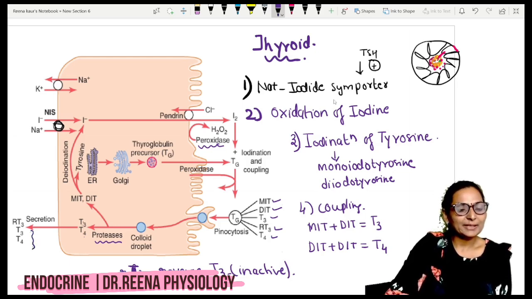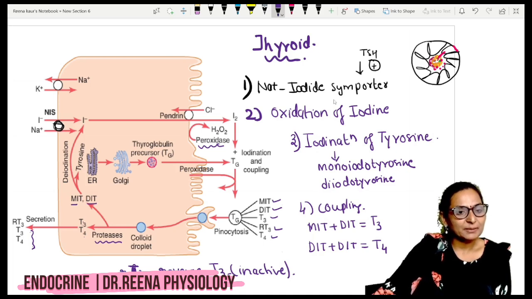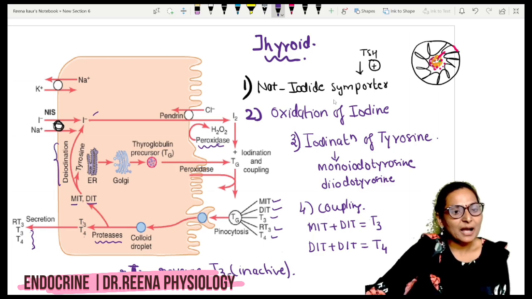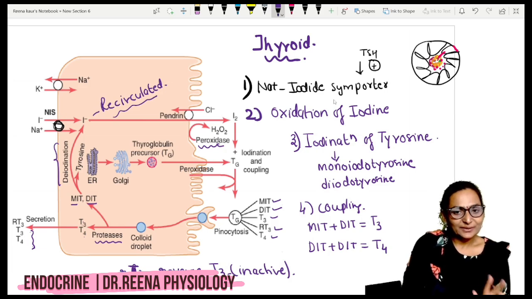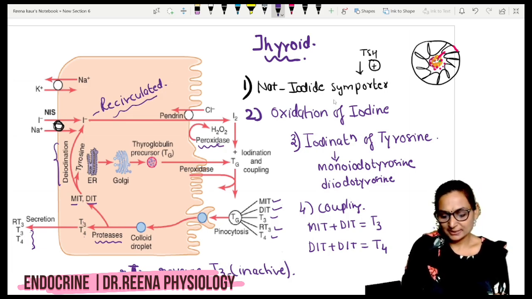And the iodine in MIT and DIT will be removed by deiodination so that the iodine can be recirculated.